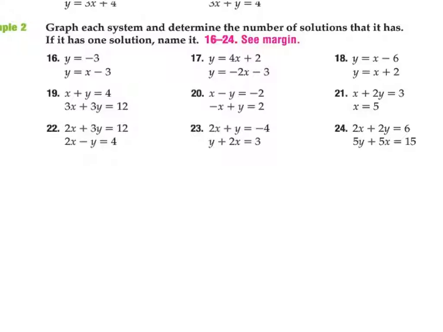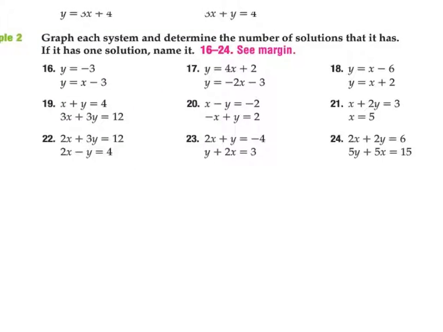Now, on this top equation right here, I know that if I move the x to the other side, I'm going to have a negative x over 2, and that does not have the same slope as the bottom one. x equals 5 is probably an undefined slope, because x equals 5 is a line going straight up and down. It's a vertical line.